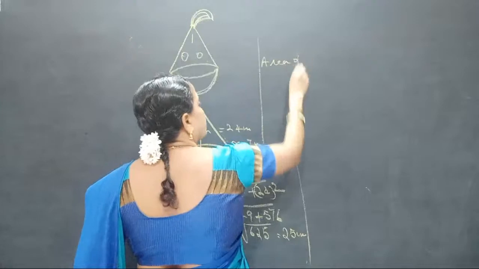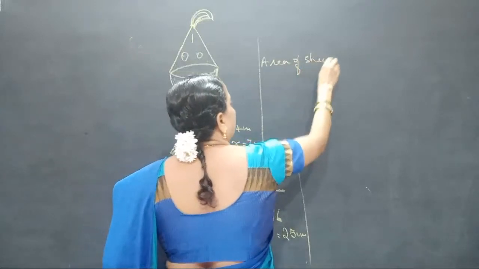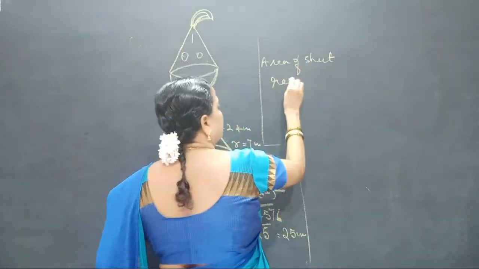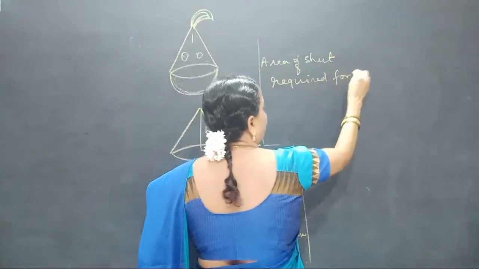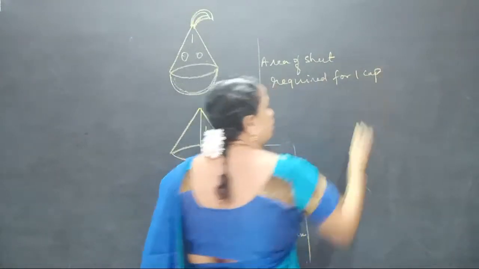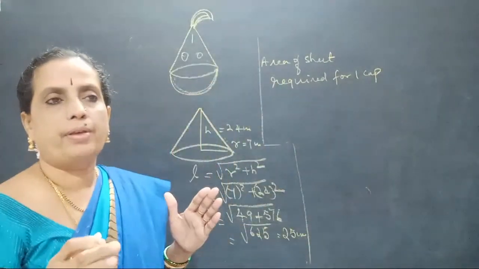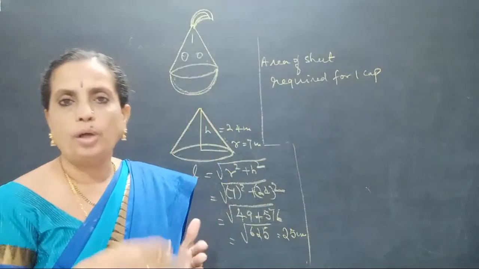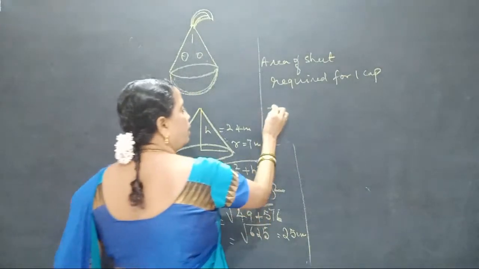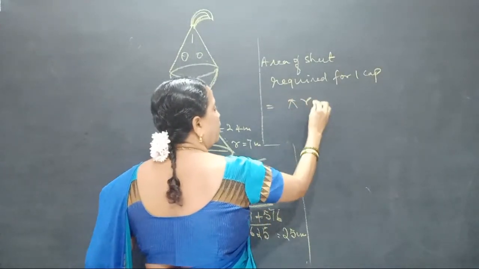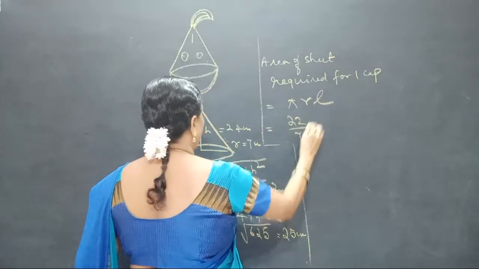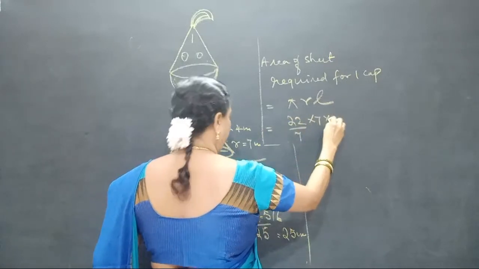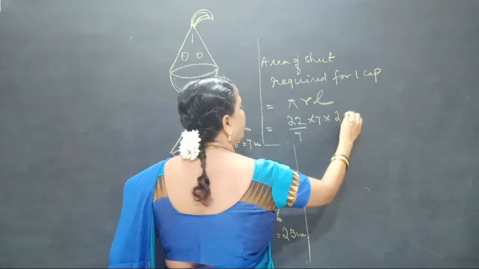Area of sheet required for one cap. Since only its curved surface area is required, not the base area, we consider it is pi r l. 22 upon 7 into 25.